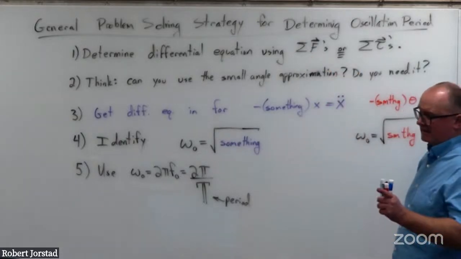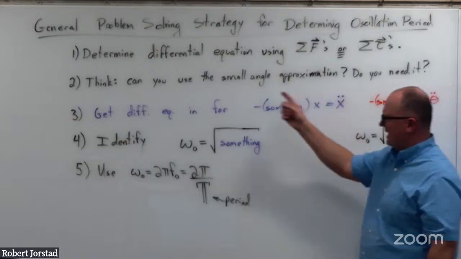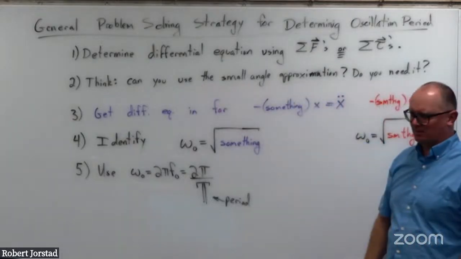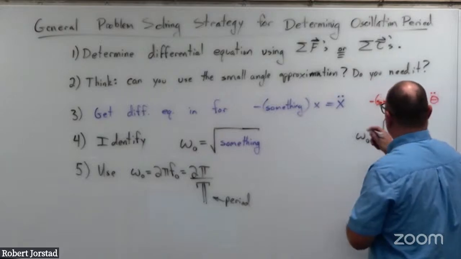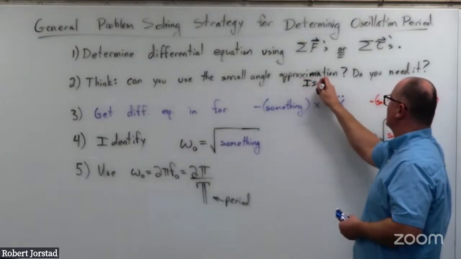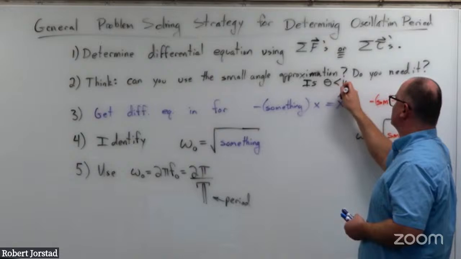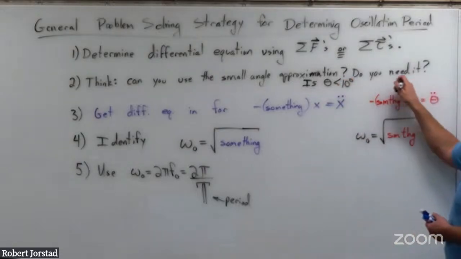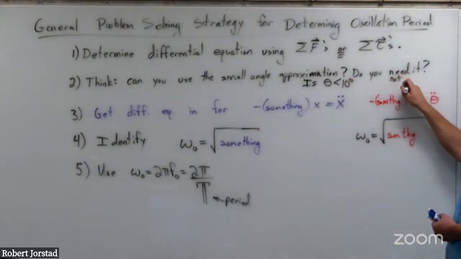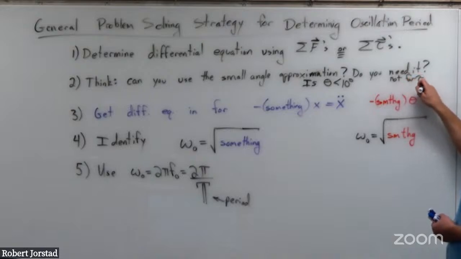Then think: do you need or can you use the small angle approximation, which essentially means is theta less than 10 degrees? Not for torsional pendulums.